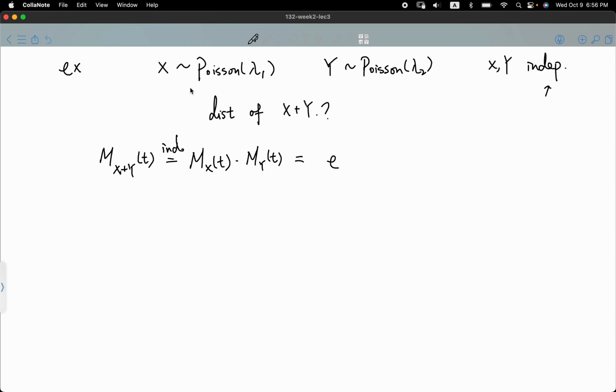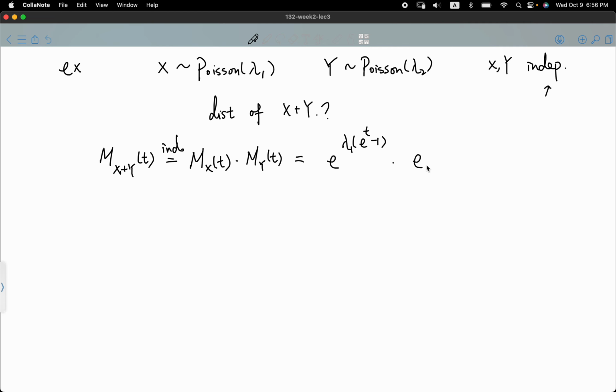The moment generating function for a Poisson distribution is e raised to the power of lambda times (e^t minus 1). However, one thing to point out here is that the random variable x follows a Poisson distribution with parameter lambda 1, so we also need to put a 1 here to distinguish between x and y.